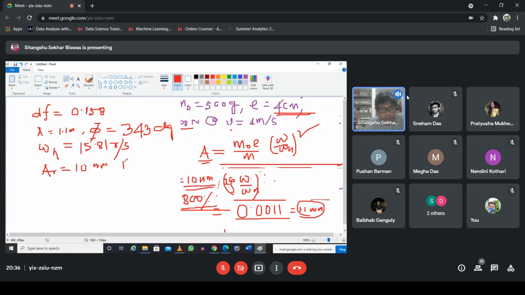So the percentage increase is about 800%. Now the last part is pending, that is the vector.